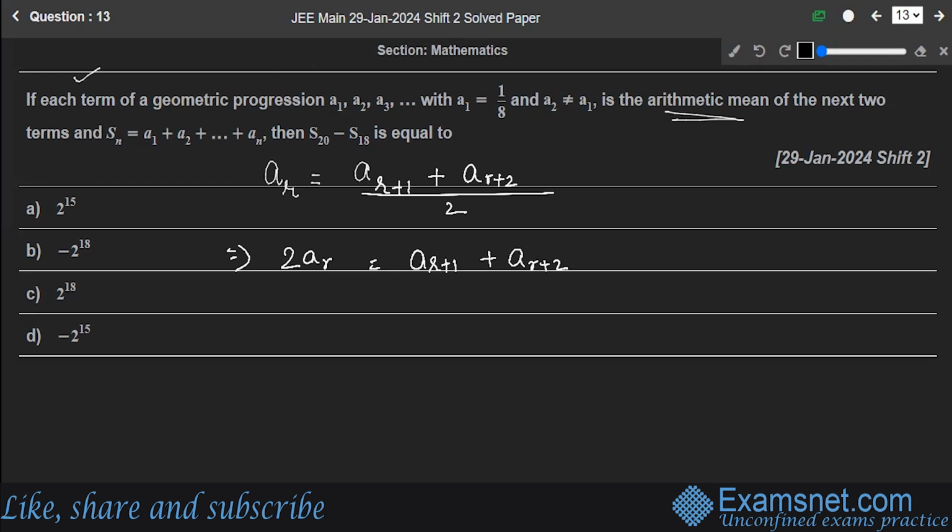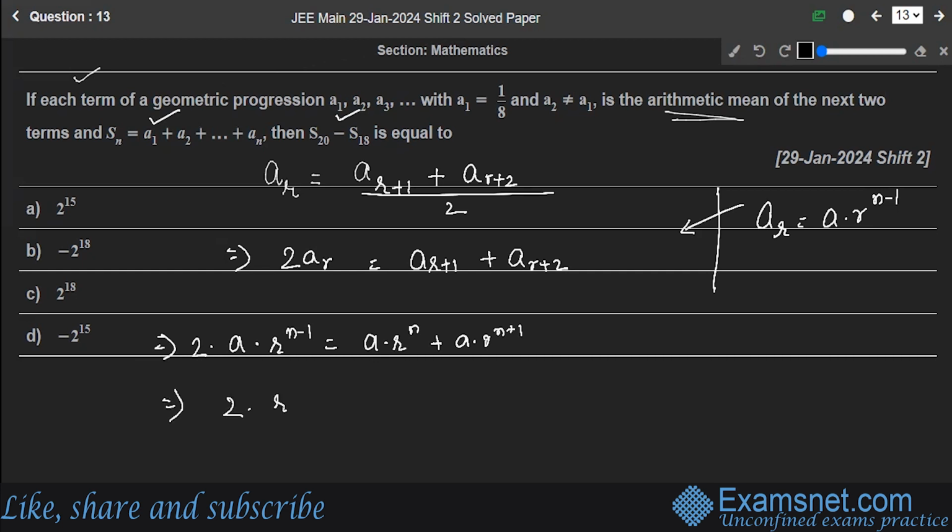Okay. And Sn is given by this. What is S20 minus S18? Any general term for the geometric progression is given by A into R raised to power n minus 1. Using this equation, you will have 2 into A into R power n minus 1 is equal to A into R power n plus A into R power n plus 1. So let's cancel A from both sides.